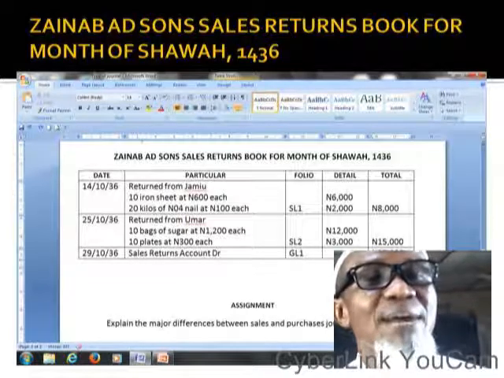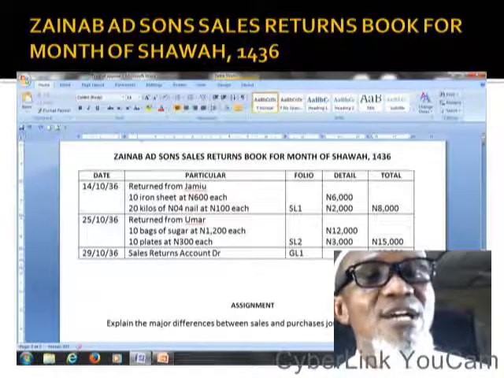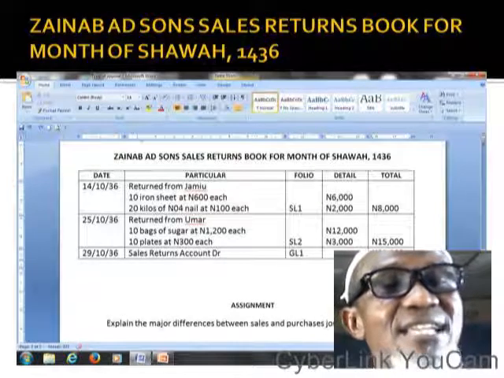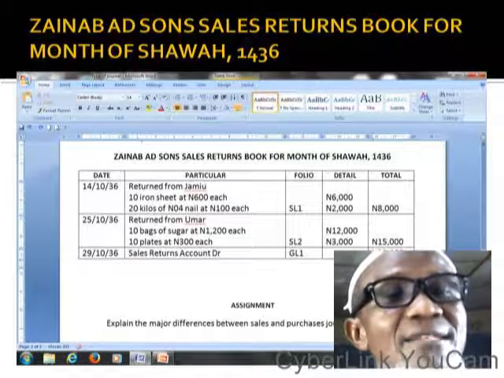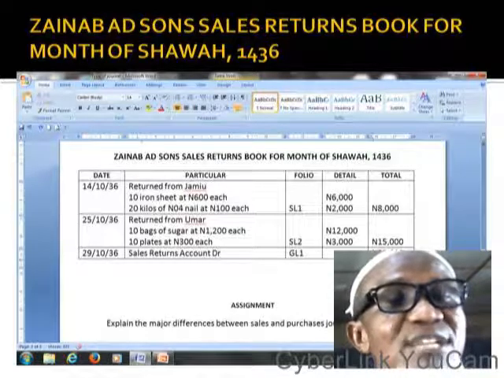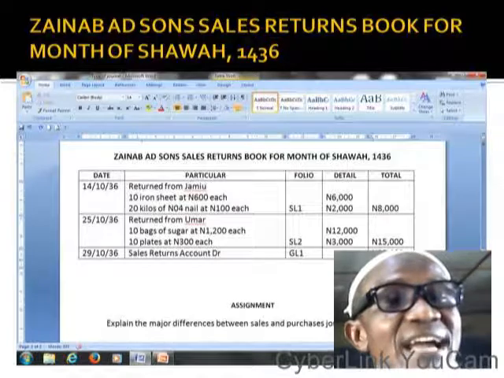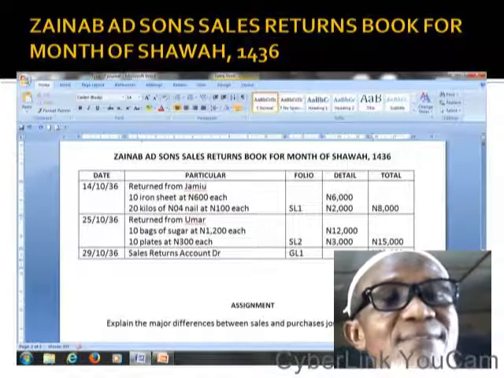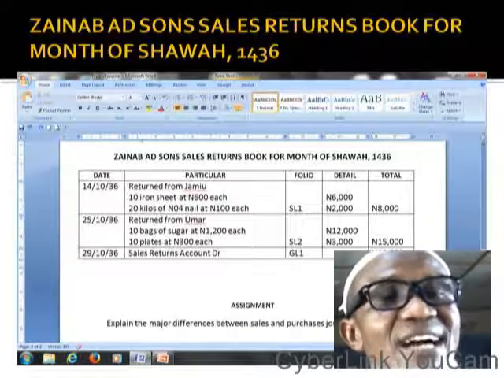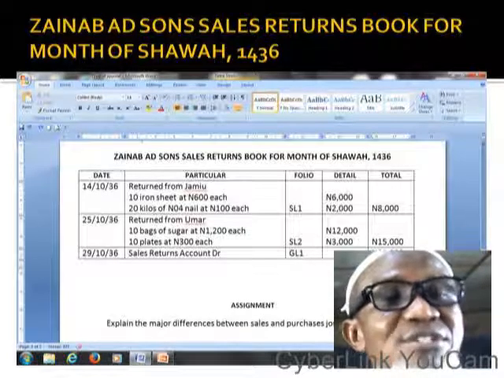For the return from Jamil, 10 iron sheets at 600: 10 multiplied by 600 will give you 6,000 naira. The same Jamil also returned 20 kilo of nails, size 4, at 100 naira each.